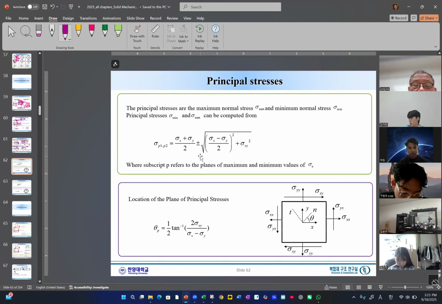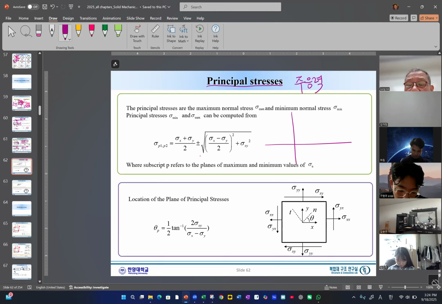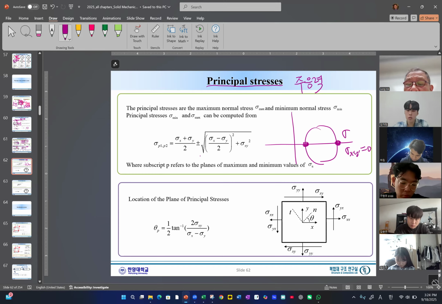And principal stress, in Korean we call 주응력. Principal stress is the one where we don't have any shear stress. In the Mohr circle we have always like that, and that is no shear. Sigma x prime y prime will be zero, and this is always a maximum, and this will always be a minimum. So this is the 주응력, the principal stresses.